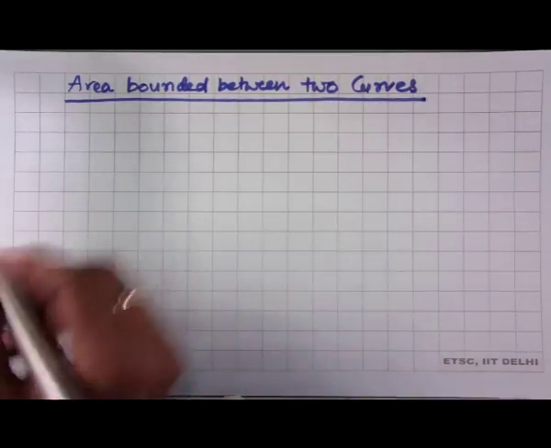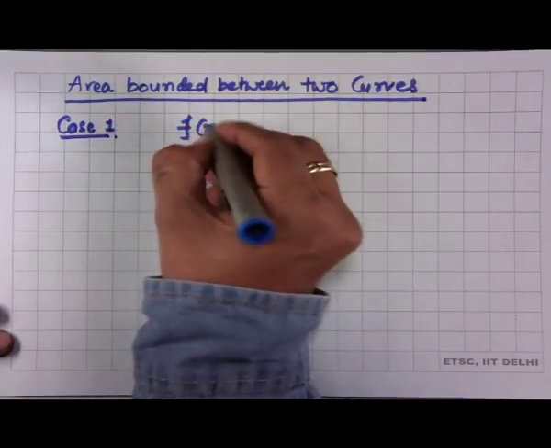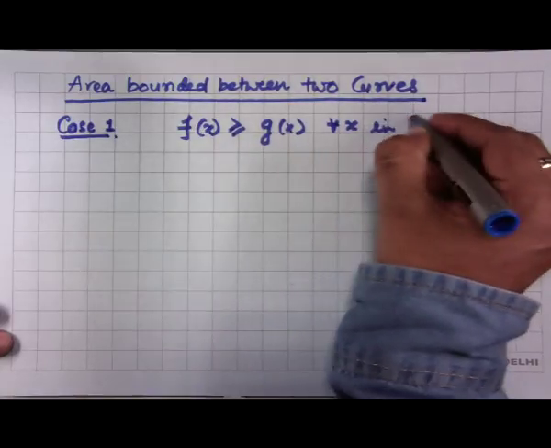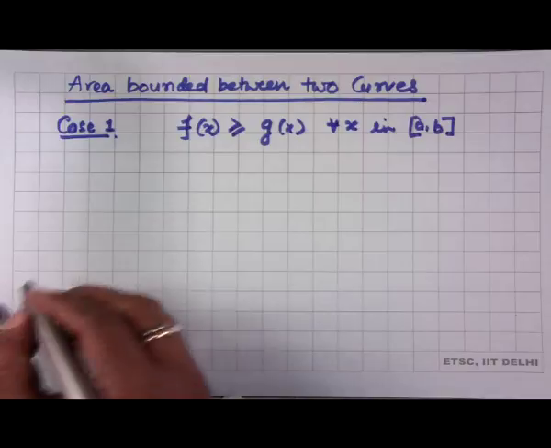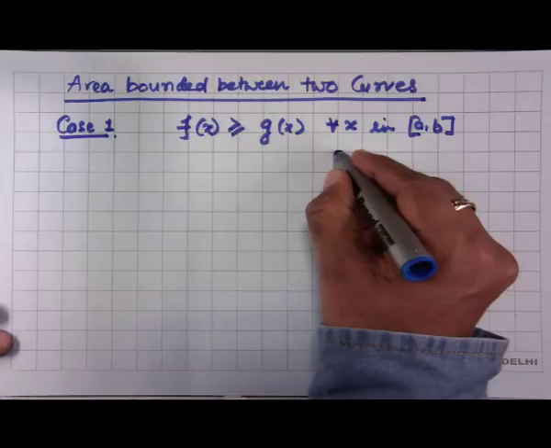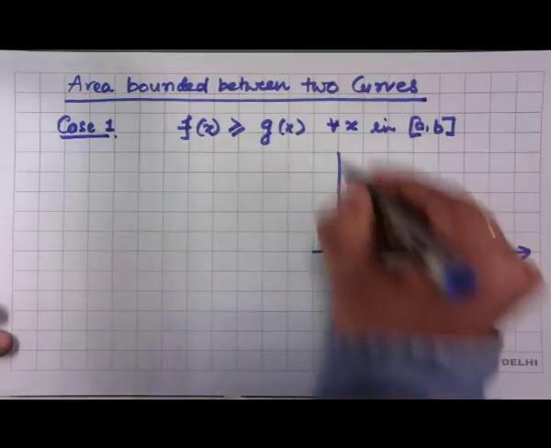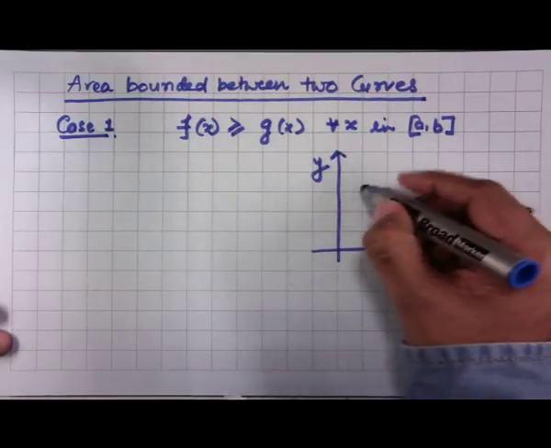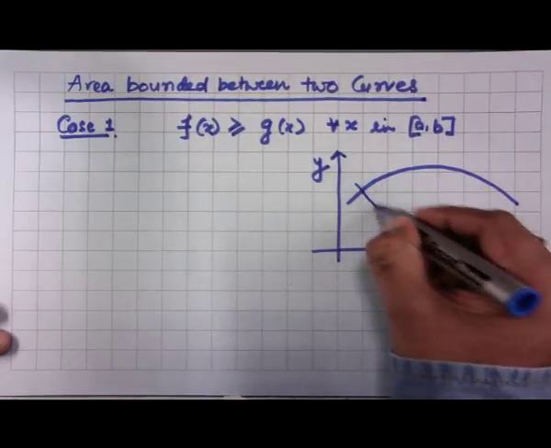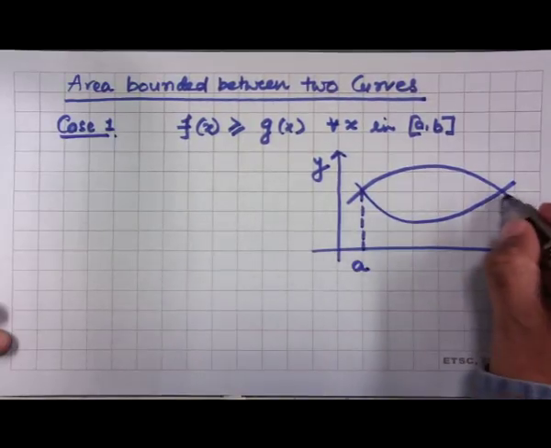For that, let us say case 1, assume that f(x) is greater than or equal to g(x) for all x in the interval [a, b], and they coincide at the points a and b. So if this is your y axis, this is your x axis, you can plot f(x) and g(x) like this, where this point is say a and this point is b.